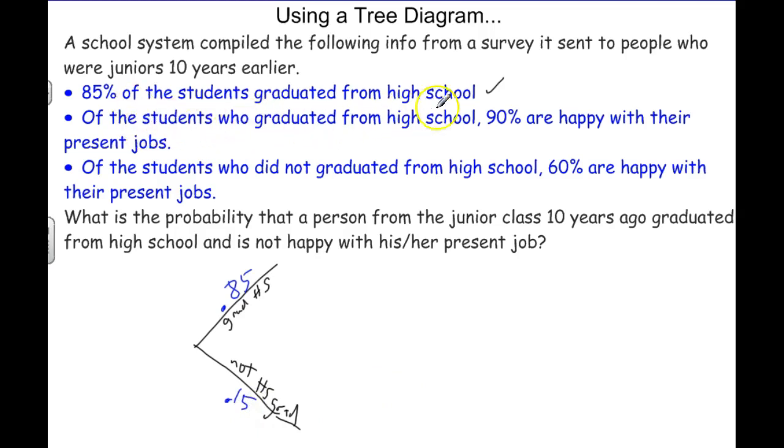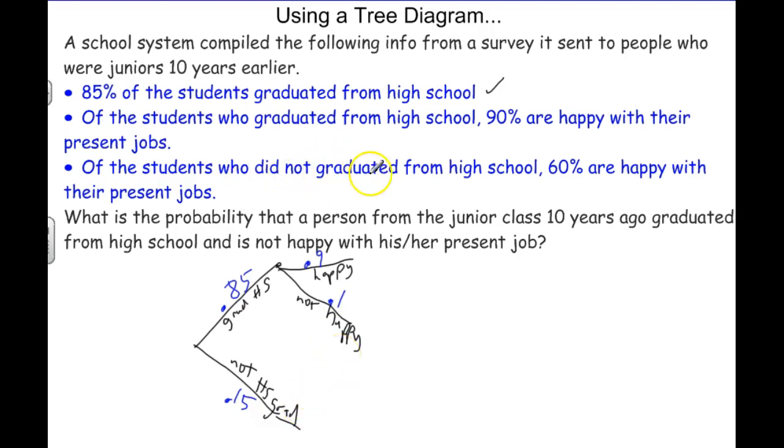Okay, of the students who graduated, so let's talk about these folks, 90% are happy. So now there's 2 groups that go off this. There's 2 branches here. So these are happy folks, or some folks are happy. In fact, it says that 90% is very encouraging. 90% or 0.9 people are happy who graduate high school. And not happy, well, that's not very good for those folks. Not happy, and since that's 90%, this would have to be the other 10% here, so 0.1 would be the decimal.